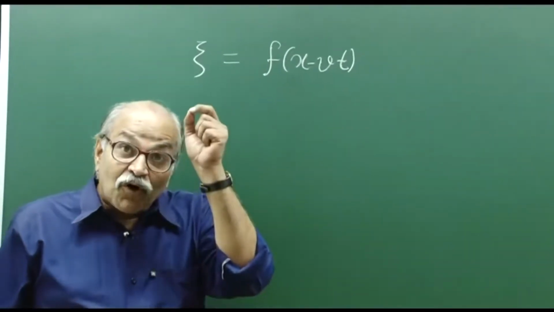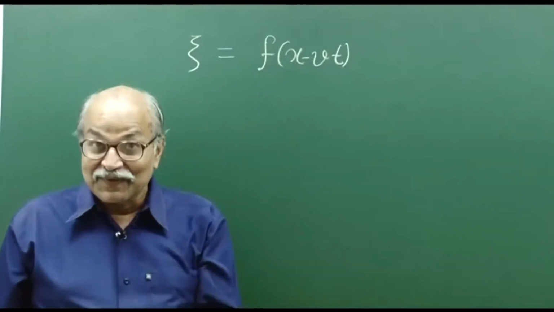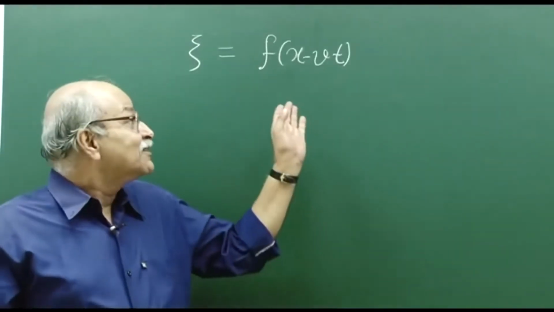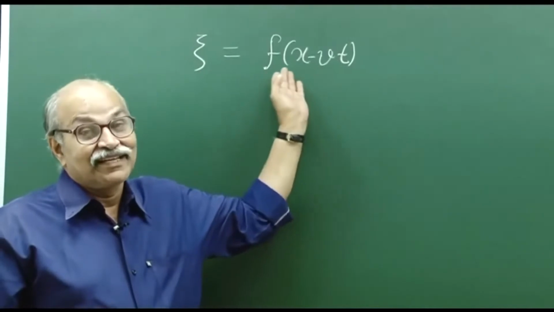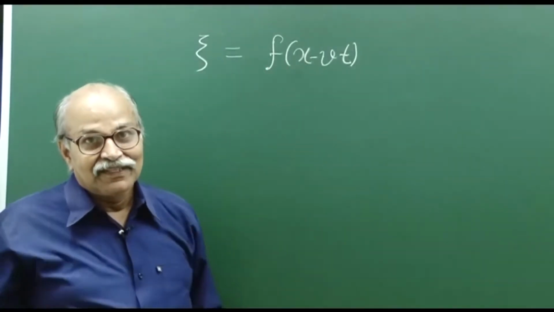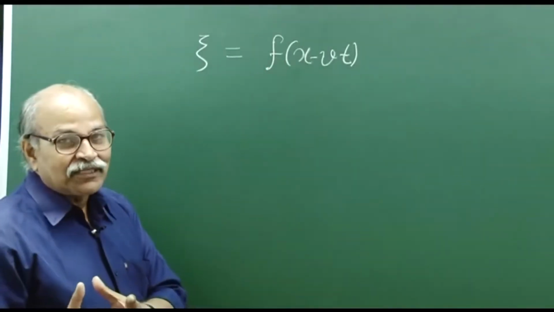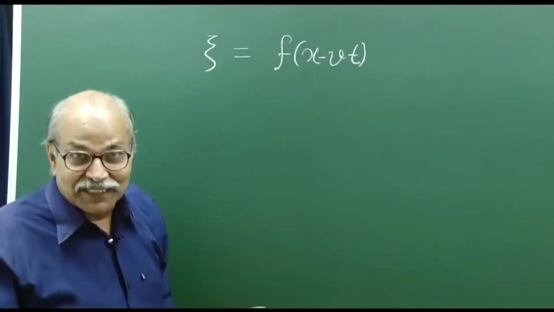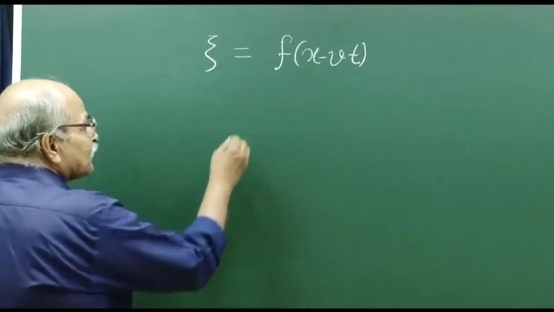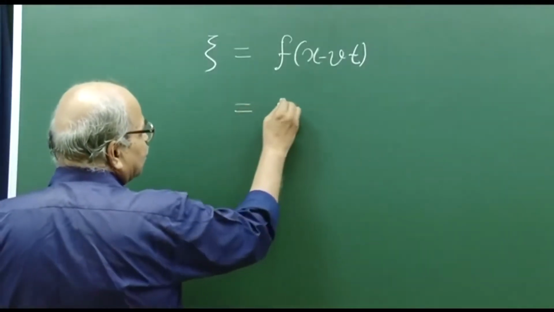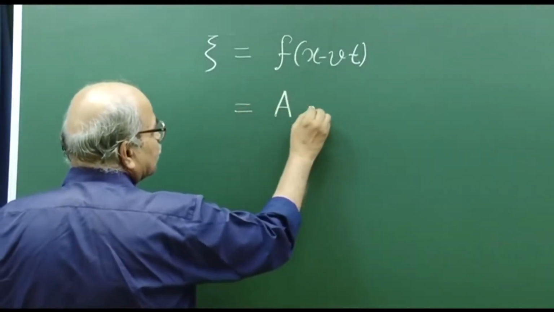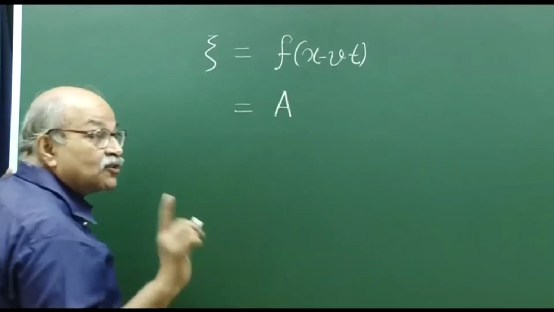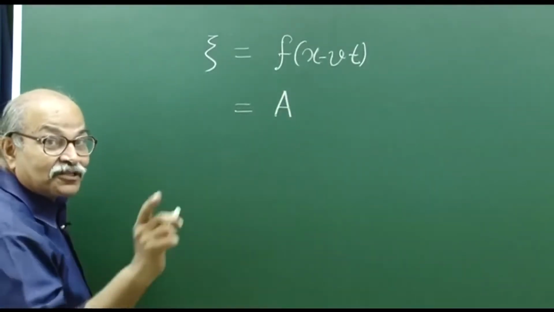Now, if you want oscillations at a particular frequency, then the functional form of this gets narrowed. One very common, simple, easy to deal in mathematics and very, very important function will be when you have oscillations which are sinusoidal, sine function or cos function.